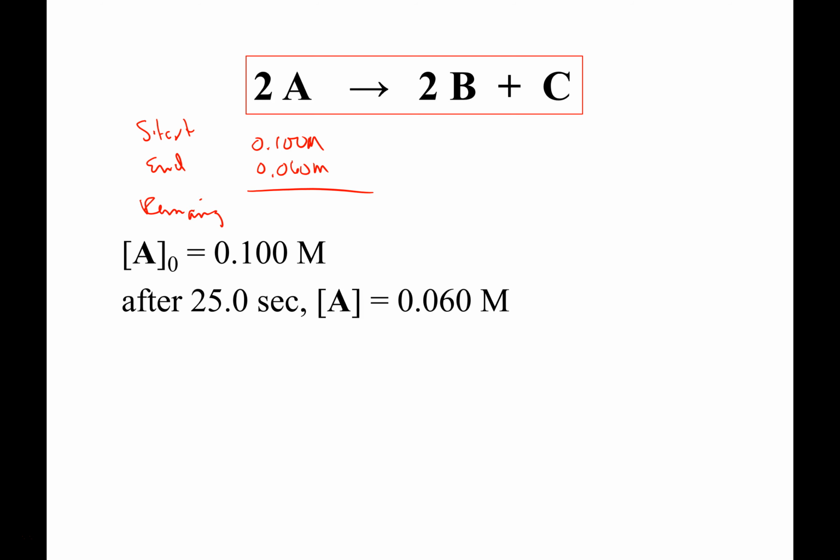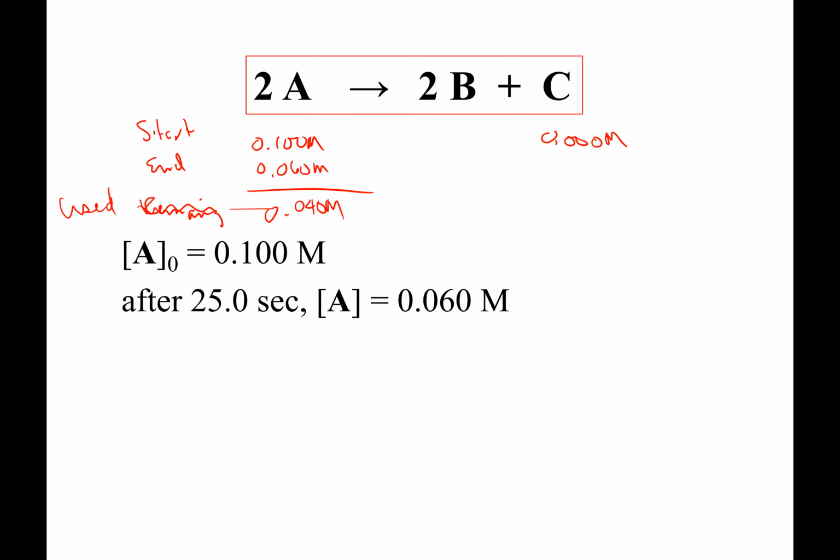But then the other one over here, we're going to compare it to C. I started with 0.000 moles per liter, and we need to be able to do stoichiometry. Remaining, I'm going to change this to used. Do you see where the amount used was 0.040 moles per liter?